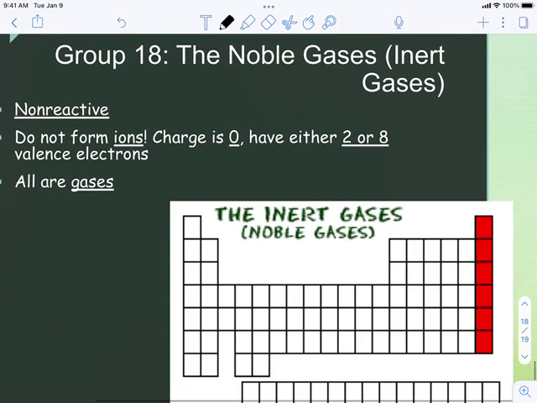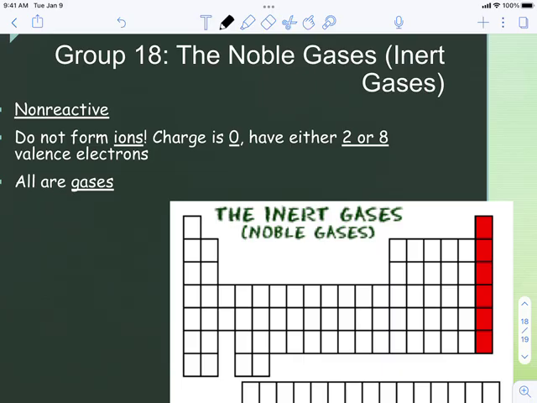Group 18, very important, called the noble gases. You want to know that. They are inert. Inert means they do not react. They're non-reactive. Why? They have a full, what's called a valence shell. They have enough electrons in their outer shell that they do not want to give any away, and they do not want to get any.